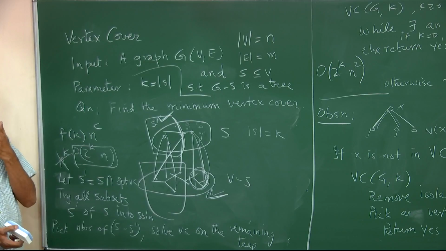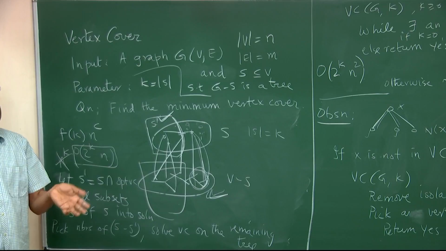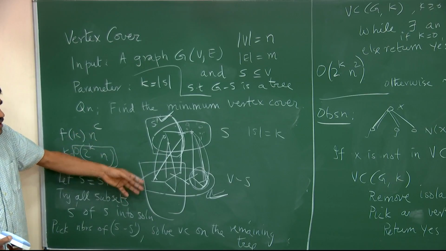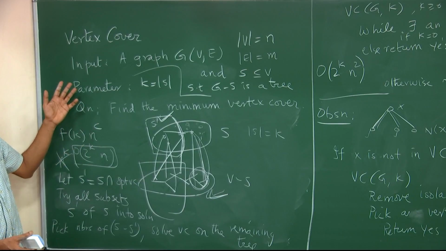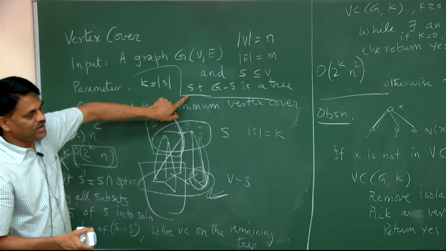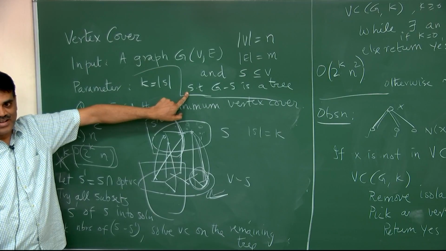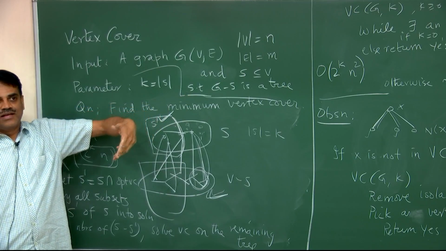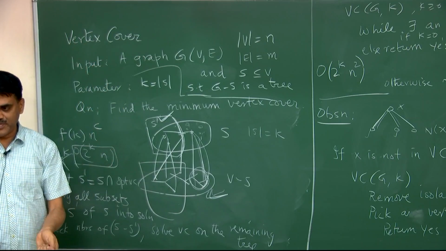Every graph you can divide into some tree. Suppose I have an algorithm which is polynomial in the whole input size and k. Can I not write any graph like this for some S? In the worst case, S could be n minus 2 or something of that size. So just delete everything except an edge.